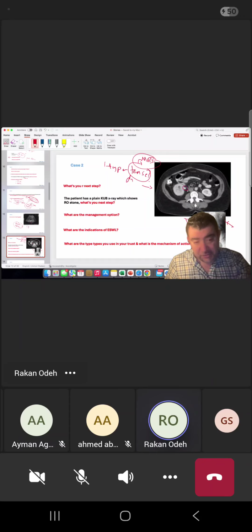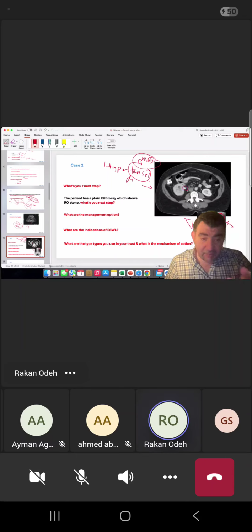So this is a scout film, even a plain X-ray, in posterior view. Usually if you do an anteroposterior view, right is left and left is right, but in posterior view, left is left and right is right. So this is the same patient with the same stone, but right is right.